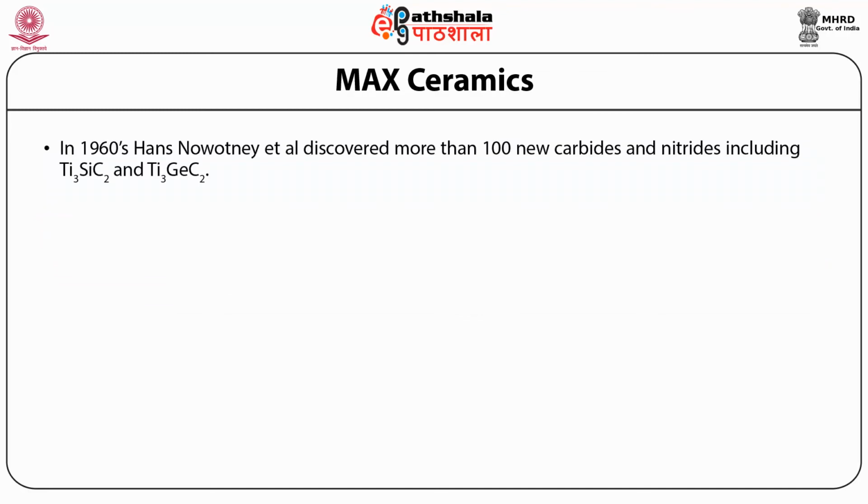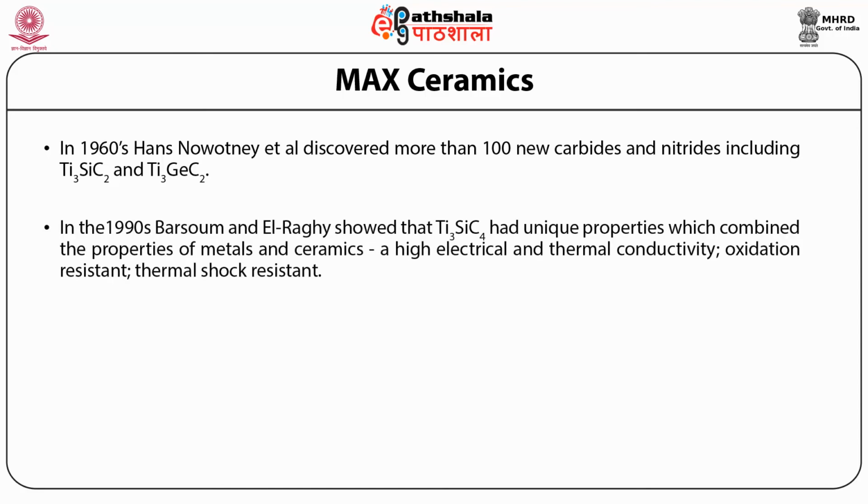In the 1960s, Hans Nowotny et al. discovered more than 100 new carbides and nitrides, including titanium silicon carbide and titanium germanium carbide, but no further interest was shown in these materials until the 1990s, when Barsoum and El-Raghy prepared large samples of titanium silicon carbide and showed that it had unique properties which combined the properties of metals and ceramics.